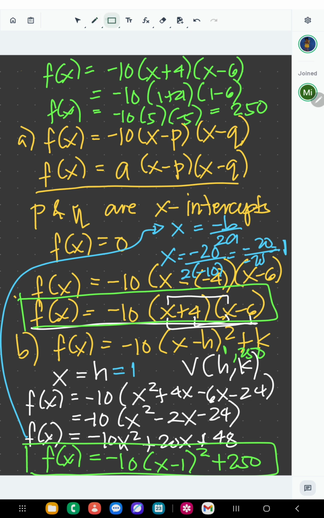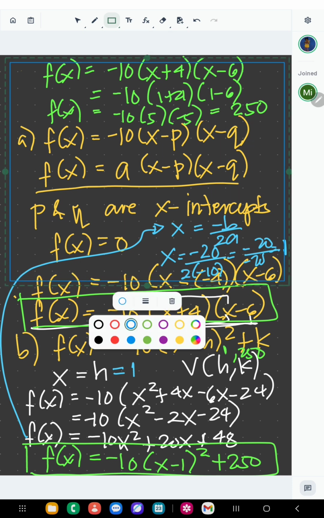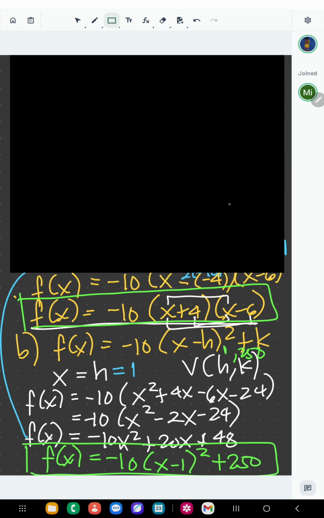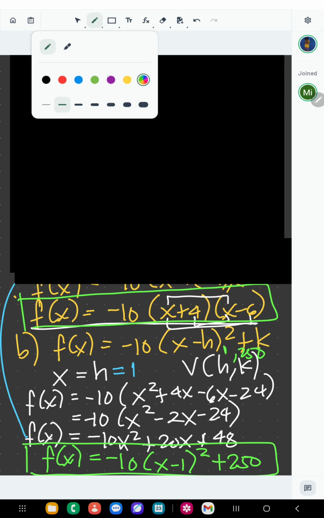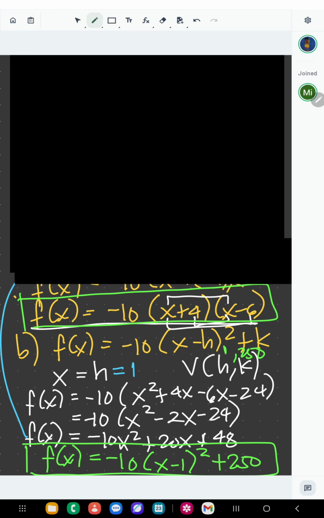Okay, letter C. Okay, so let's do letter C. Show that f of x can also be written in the form f of x equals 240 plus 20x minus 10x squared.